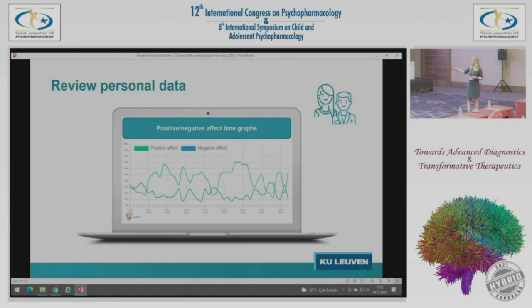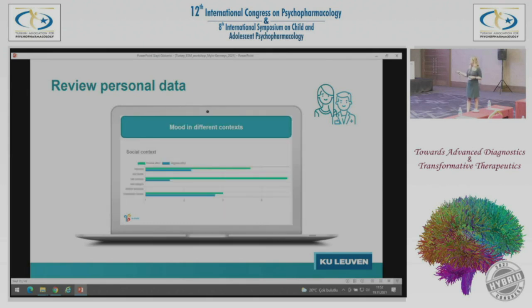And then you can look at, for example, the association over time between these two mood items. So you can see how was the average mood over time, what were the days when people felt better, what were the days when people felt worse. You could do something similar for symptoms, psychotic symptoms, but of course other symptoms as well.